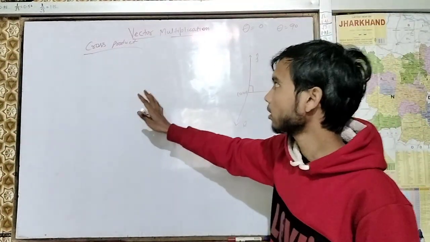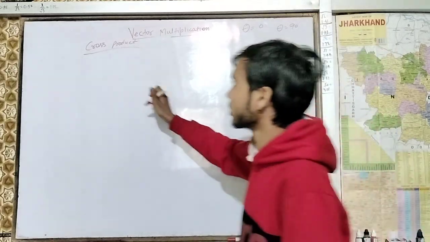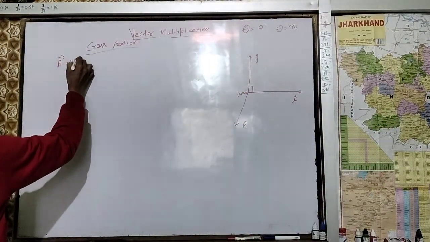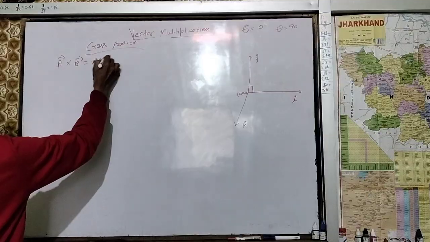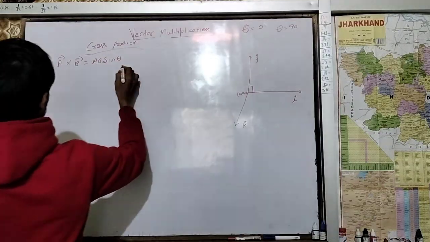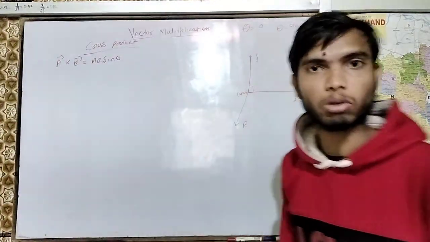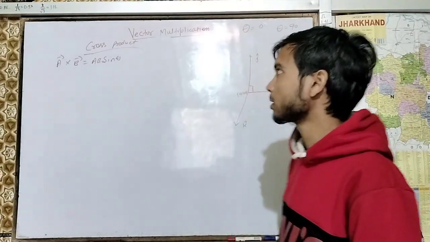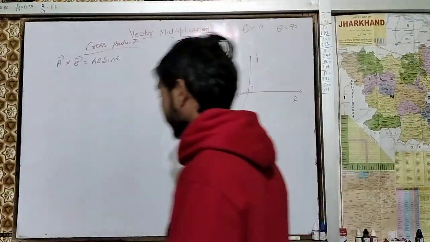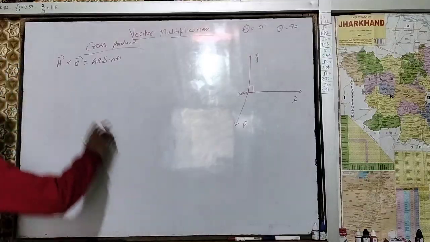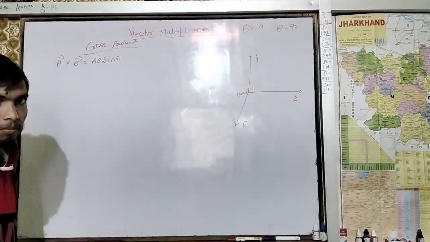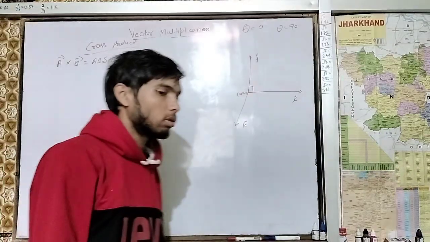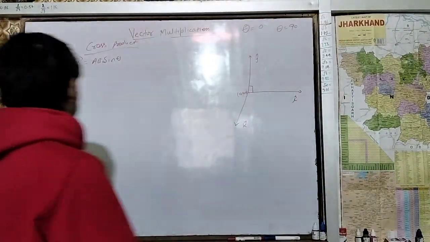When you are taking a cross product, in that case A vector cross B vector will be AB sin theta. When you are talking about a cross product, then this will become sin. Now there is no problem. It was a point to analyze.